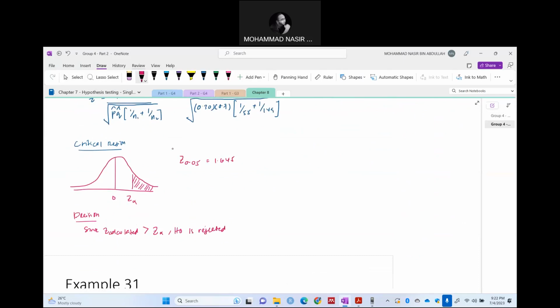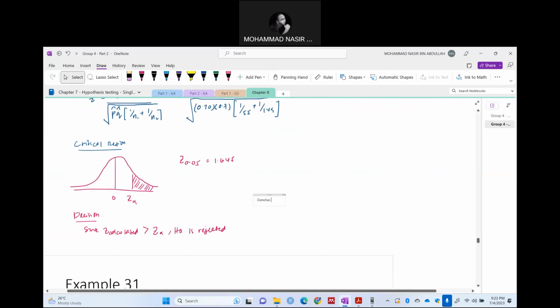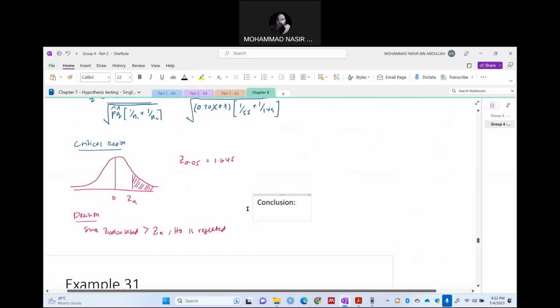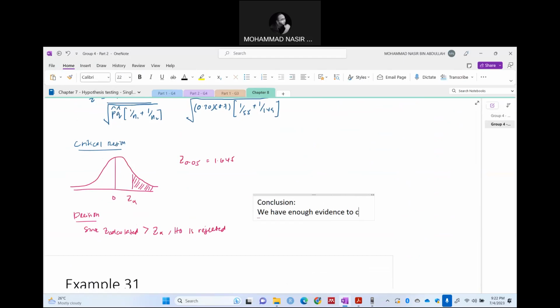So we can conclude that we have enough evidence to claim that the proportion of patients on hypertension is higher than non-hypertension.